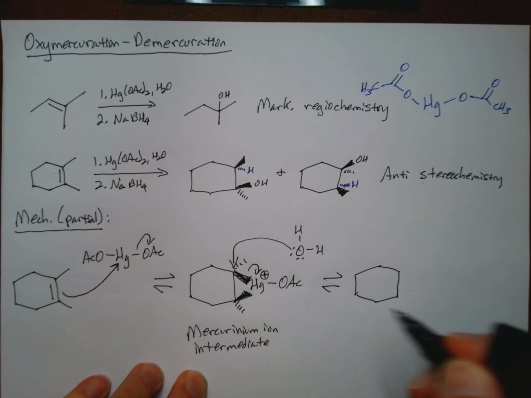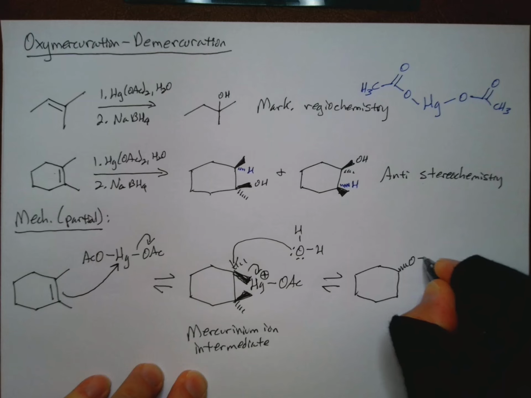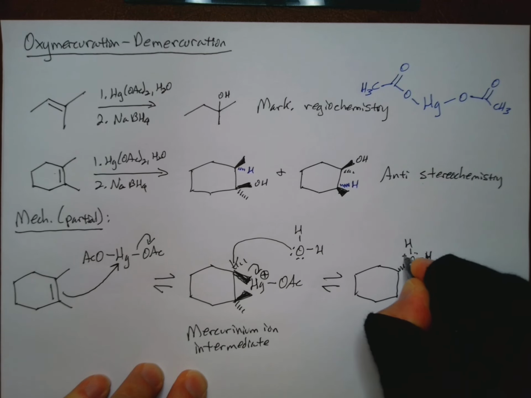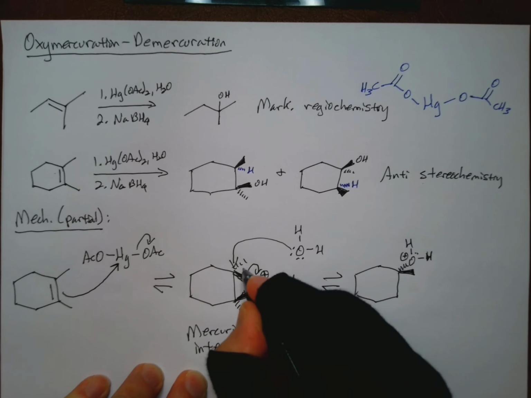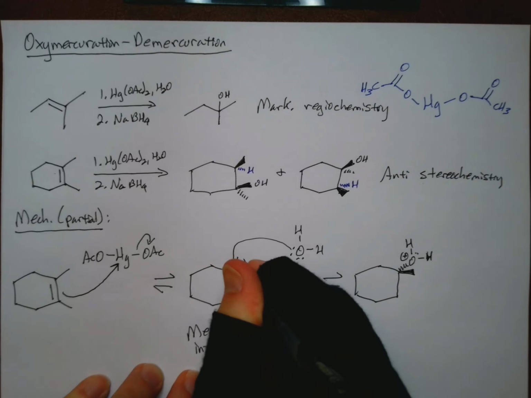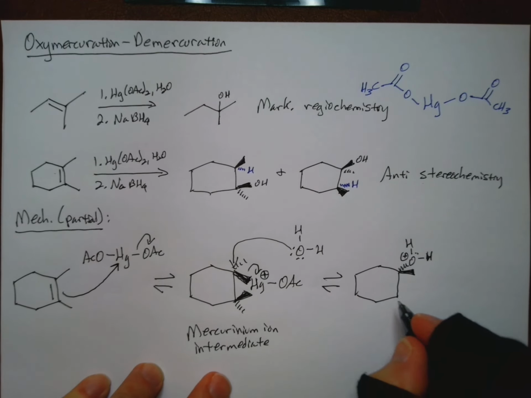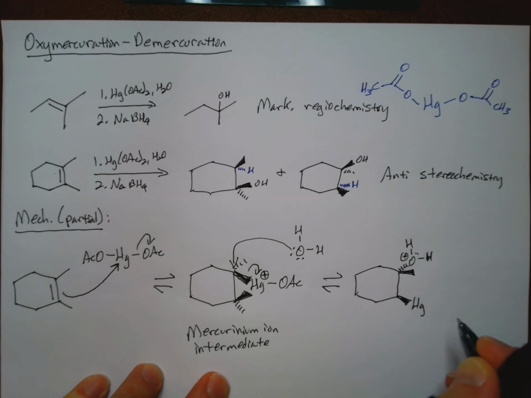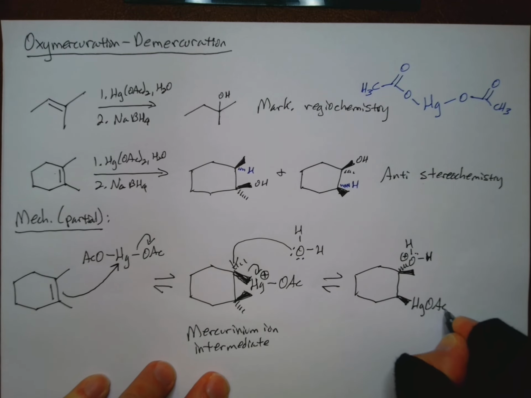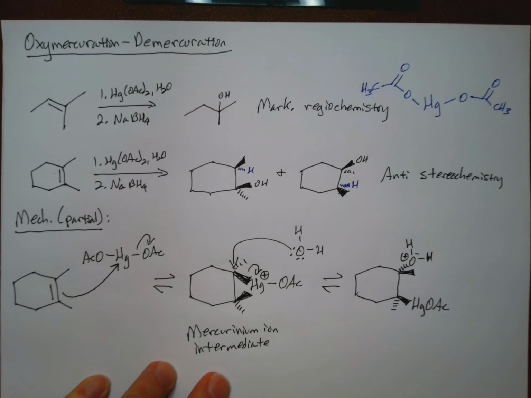So this is going to be from underneath, so that would then be OH2 with a positive charge, and then this guy, the methyl that was pointing back, is going to be sort of flipped up. And then I'm going to have here my HgOAc, and I'll have my other methyl like so.